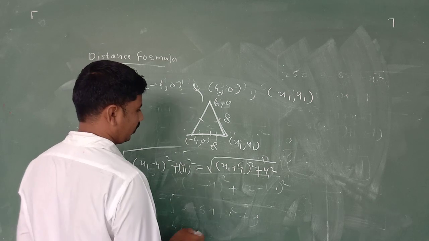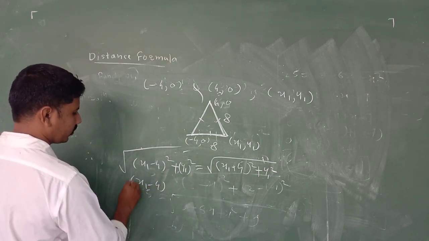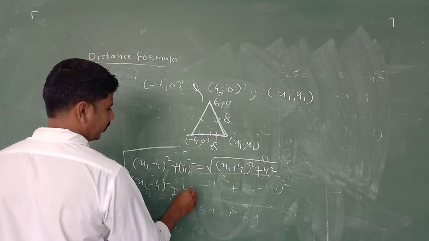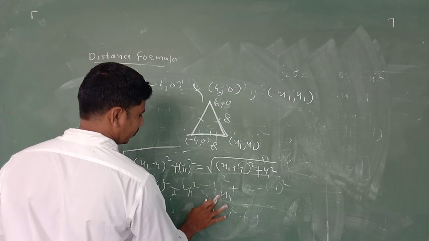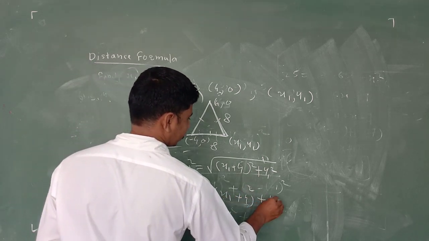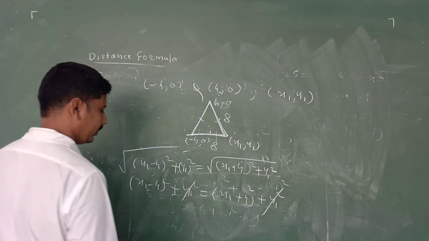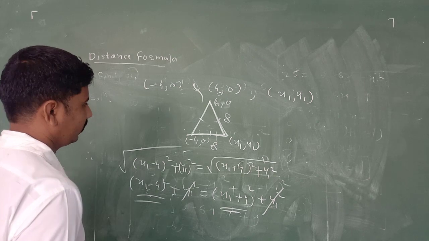Square and square root will get cancelled. Taking the square of both sides: x1 minus 4 bracket square plus y1 square is equal to x1 plus 4 bracket square plus y1 square. y1 square gets cancelled. Solve this equation and we get the value of x.